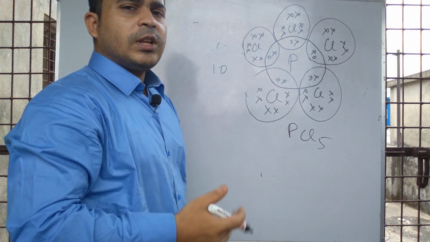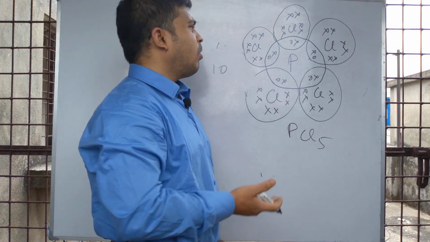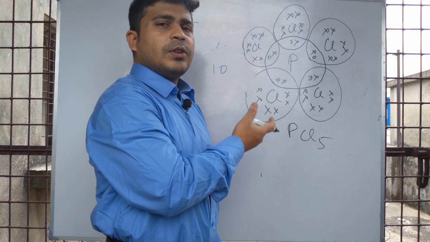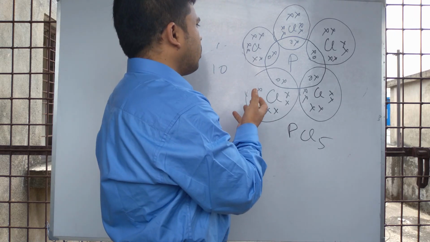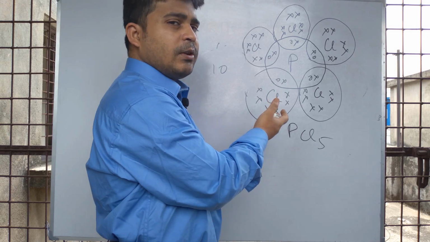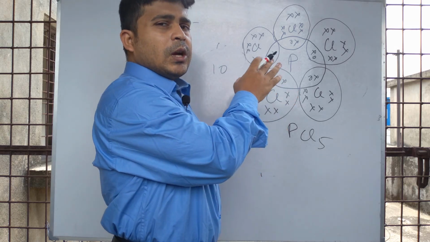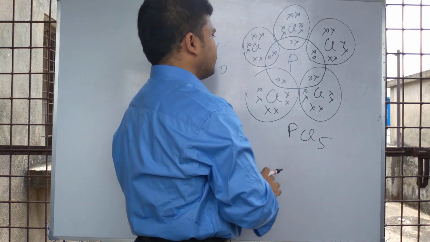Here, more than an octet means expansion of the octet takes place. For this compound, this is an exception to the octet theory, where more than 8 electrons are present in the phosphorus valence shell, but for each chlorine the number of electrons in the valence shell is 8.